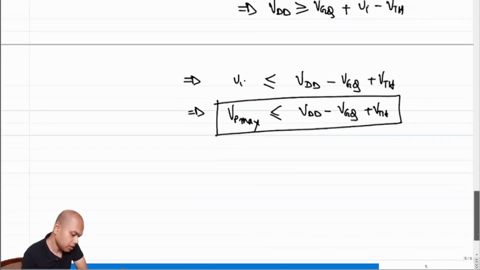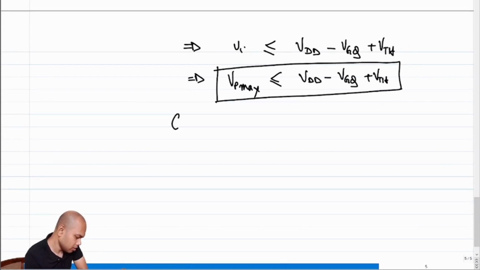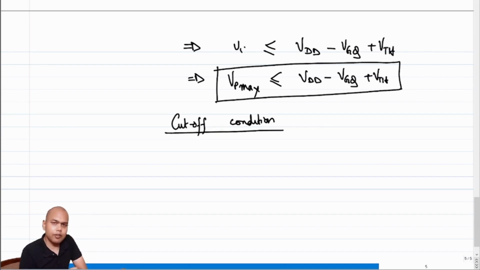What about the cutoff condition? Again, I'd like to remind you that we are not talking about absolute cutoff here. We are talking about the case in which the quiescent current plus the small signal incremental current goes to 0, and we saw that that is a far more prudent condition to use, because you would anyway not want to drive your transistor to 0 current, as your signals will be far more distorted.